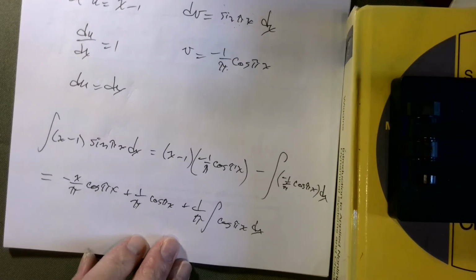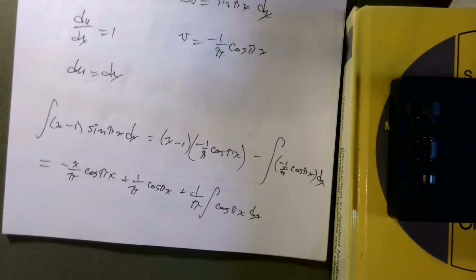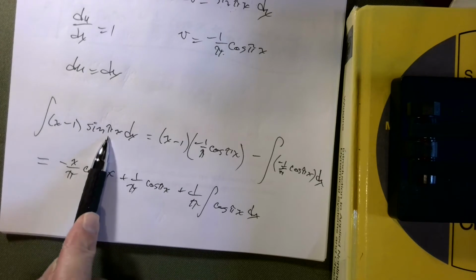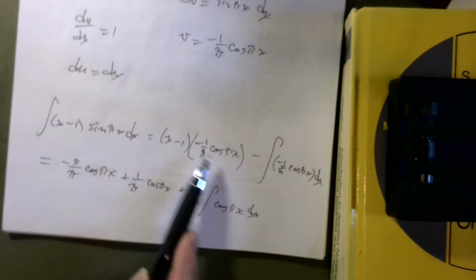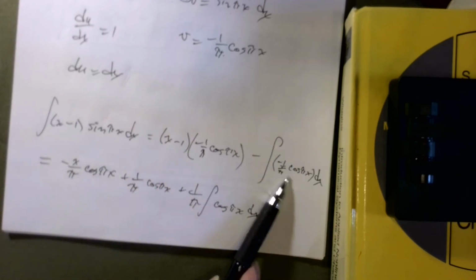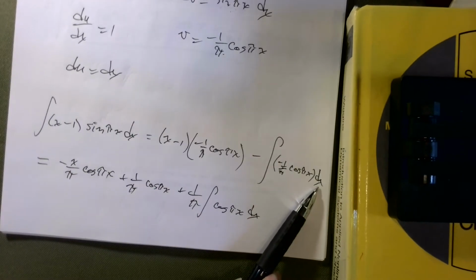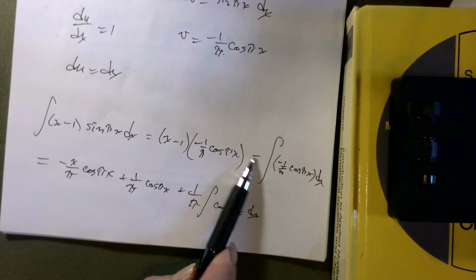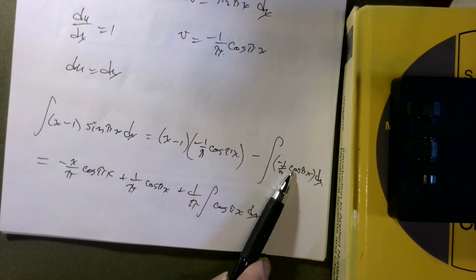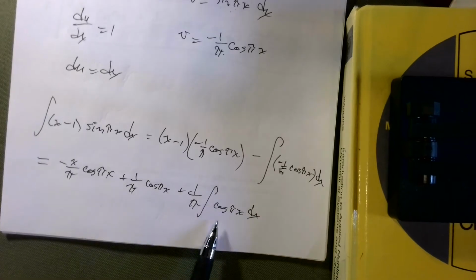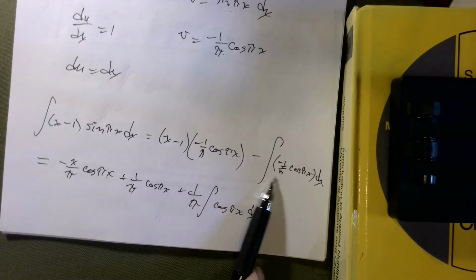And now we look at what we've got. So integration by parts says the integral of u dv equals u v minus the integral of your v du. So I could pull out the minus, it becomes plus 1 over pi, and then you could integrate cosine. So you're going to get the integral of this guy, so the negatives are going to cancel.